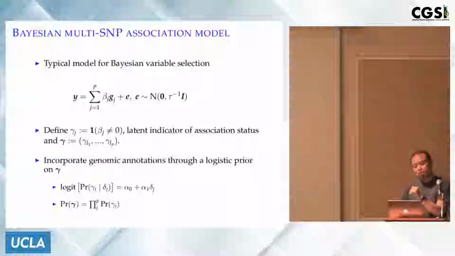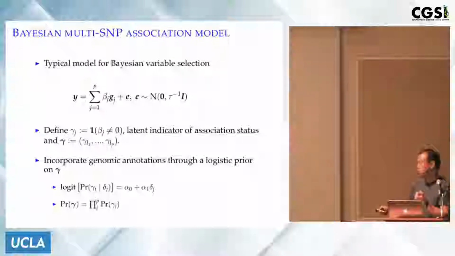Just to make the problem clear, we define this latent binary indicator. You don't have to define this, but defining it makes your goal very clear. You're trying to identify which SNPs have non-zero genetic effect, nothing more than that.